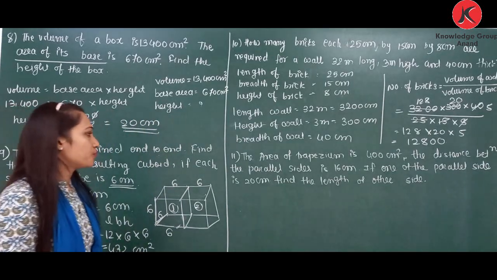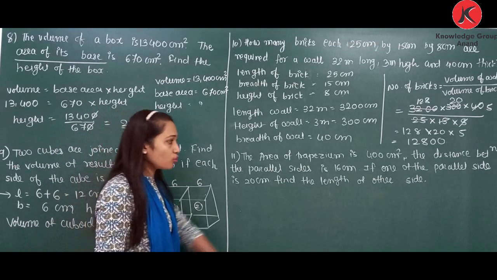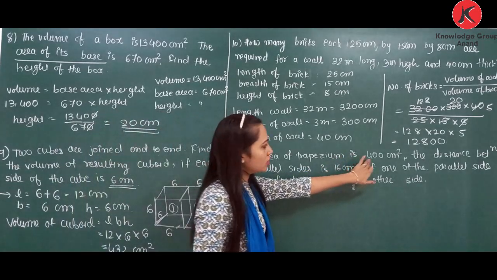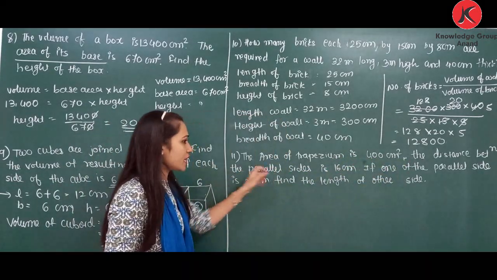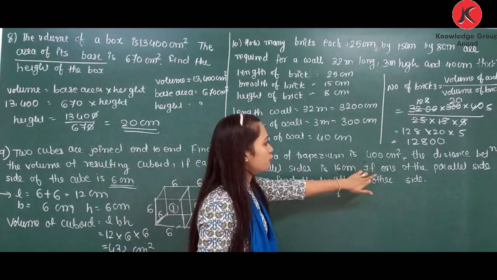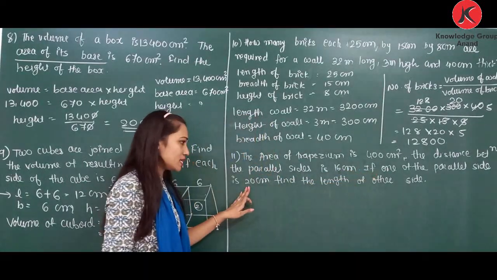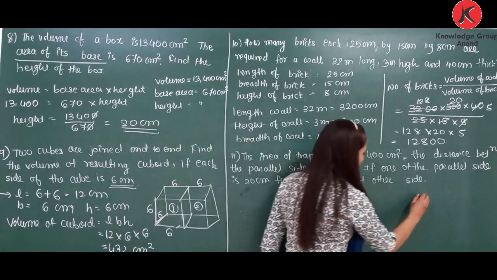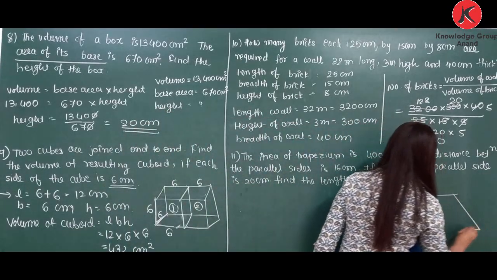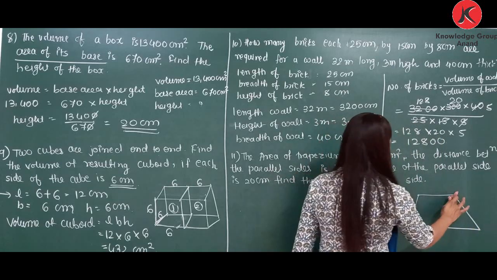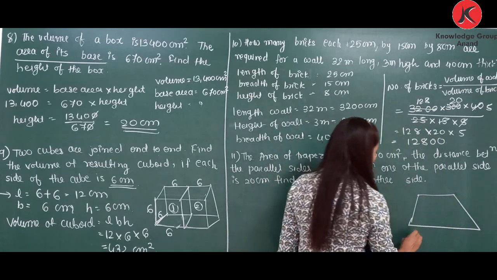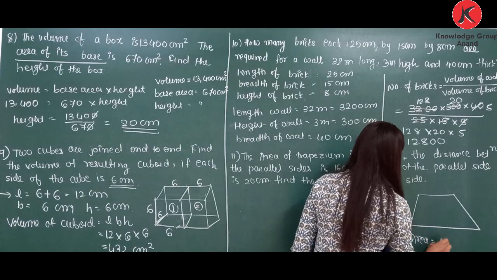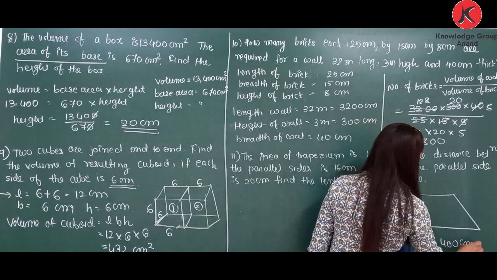Now next one. The area of a trapezium is 400 centimeters square. The distance between parallel sides is 16 centimeters. If one of the parallel sides is 20 centimeters, find the length of the other side. So if we draw a trapezium, here area is given, 400 centimeters square.